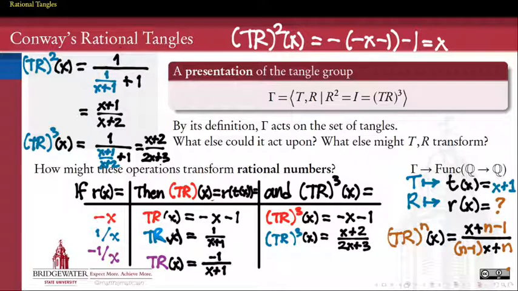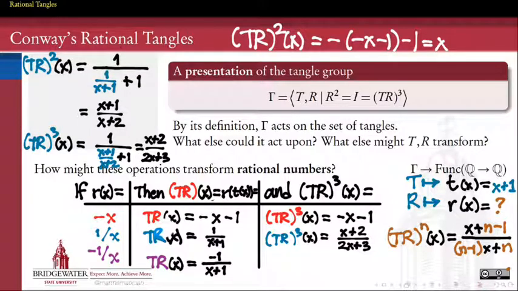But notably, which n is going to give us the identity function? n equals, well, even n equals 1 is going to give me x upstairs, oh no, I guess n equals 1 somehow gives me the identity. That doesn't seem right somehow, because TR to the first power was 1 over x plus 1.